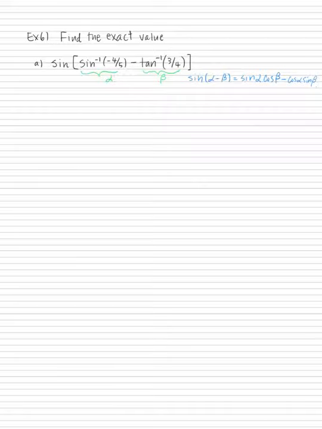So what we're going to get here is sine of sine inverse of negative 4/5 and cosine of beta, which will be tan inverse of 3/4, and minus cosine of alpha, which is cosine of sine inverse of negative 4/5, and then sine of beta.